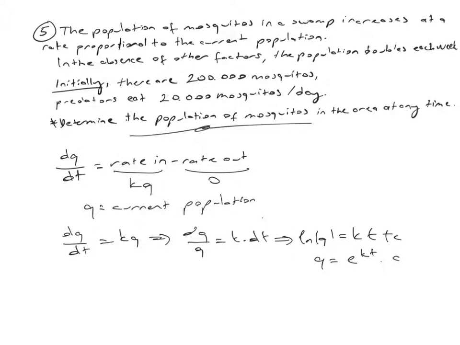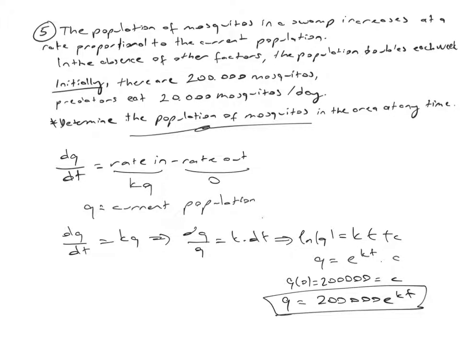We will get C from the initial conditions, and as it is said in the question, initially there are 200,000 mosquitoes, so Q0 is equal to 200,000, which is C. So our equation is Q is equal to 200,000 times e to the kt. As it is said in the question, in the absence of other factors, the population doubles each week.